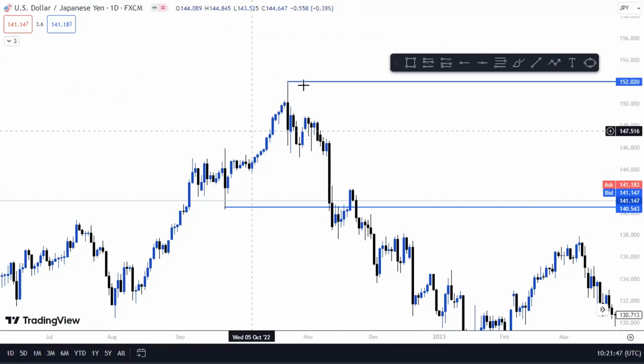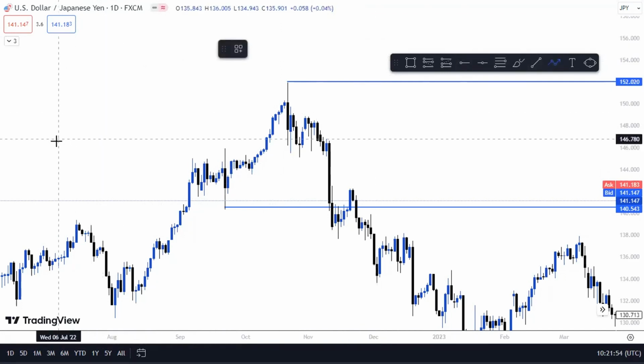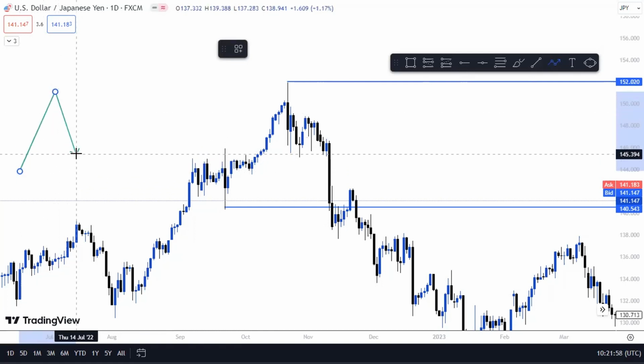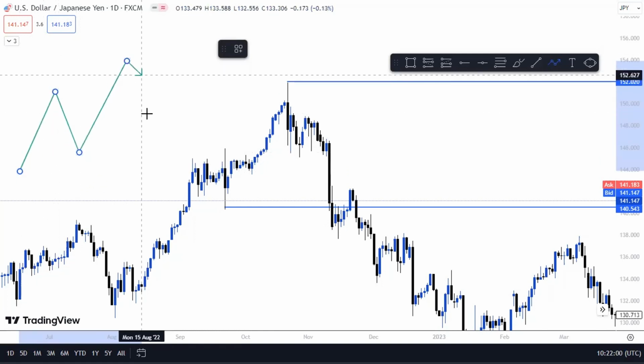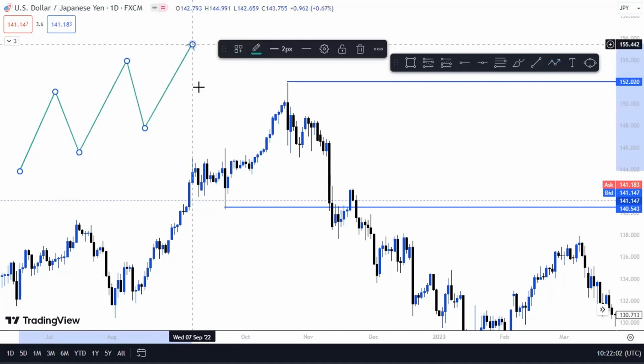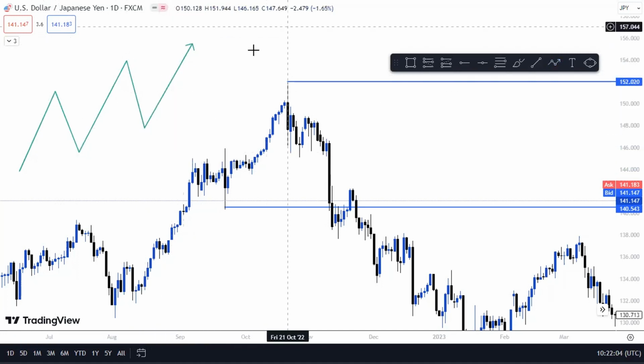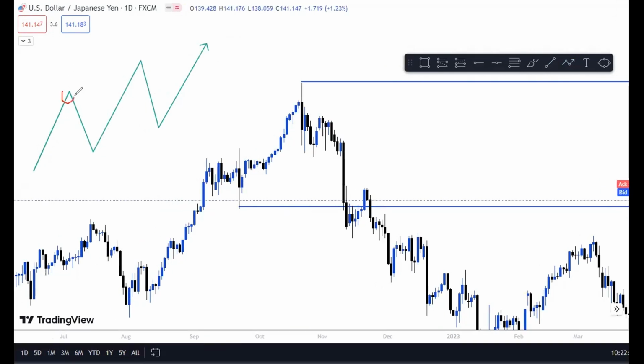So what we are talking about here as higher high and higher low is, when you take this market, for instance, you have this. Let's assume you have this. This point here is a high, and this point here is a low.